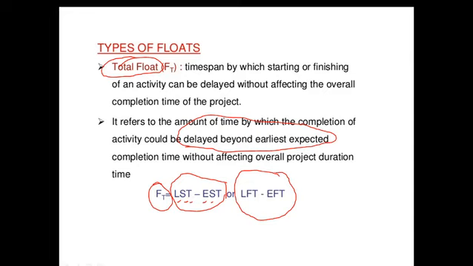One thing which we need to keep in mind is total float for each activity is a measure of its particular relationship to all other activities in the project, since the earliest time ties in all preceding activities and the latest finish time ties in all succeeding activities. This we need to keep in mind.